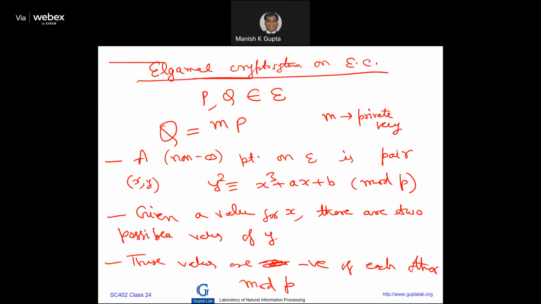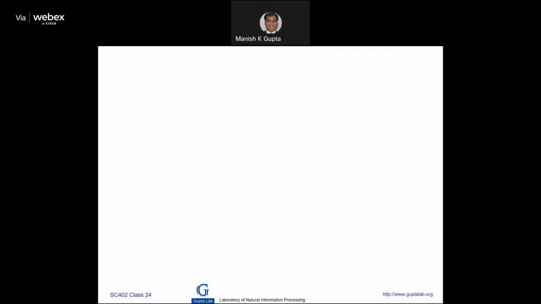Since p is odd, p is not equal to 2, one of the values of y is even and the other one is odd. You can also look at the data; when you calculate the data, you can actually observe these things.